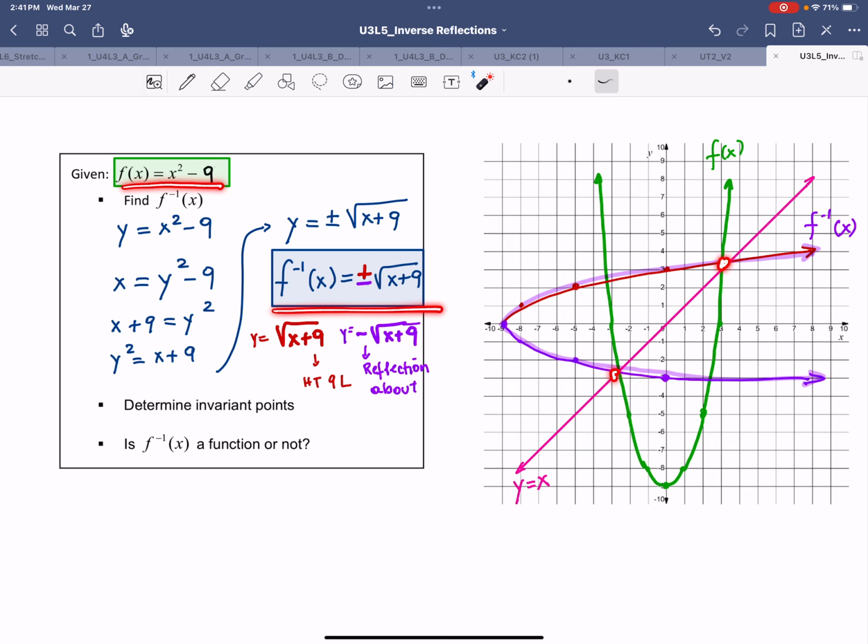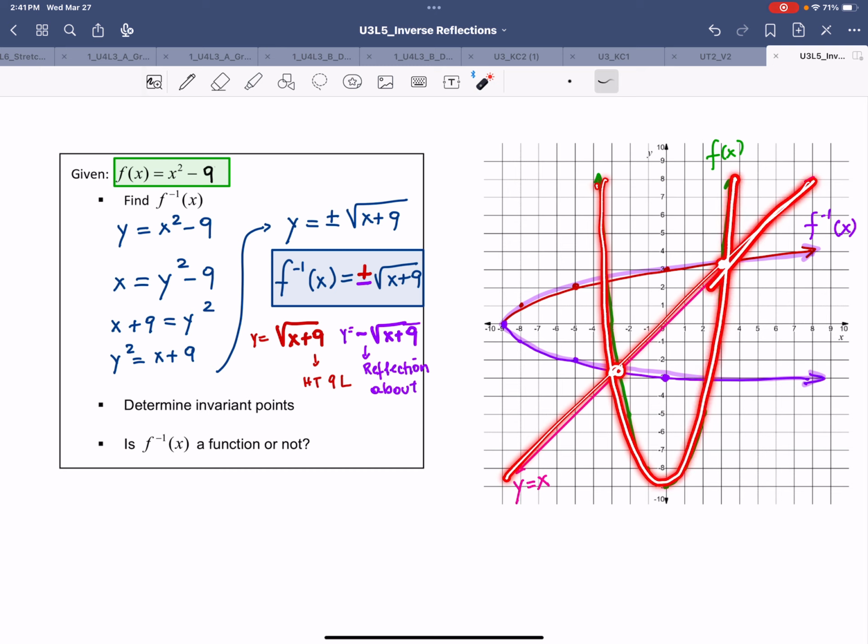It is best to use the equation of the given function to avoid any mistakes. So since the invariant points are on the y equals x line, we can also say that the invariant points are on the graph of the given function and on the reflection line, which is y equals x.